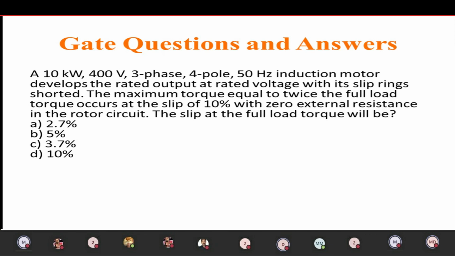Then we move to the problem. A 10 kilowatt, 400 volt, 3 phase, 4 pole, 50 hertz induction motor develops the rated output at rated voltage with its slip ring shorted.